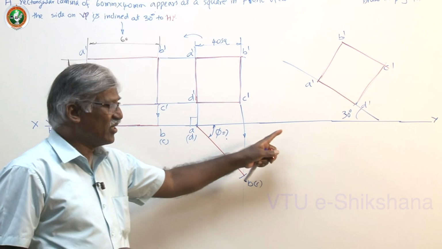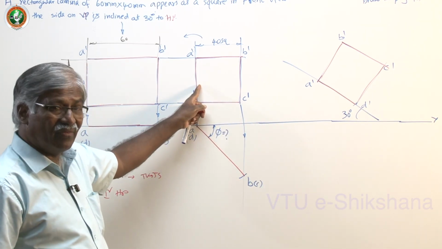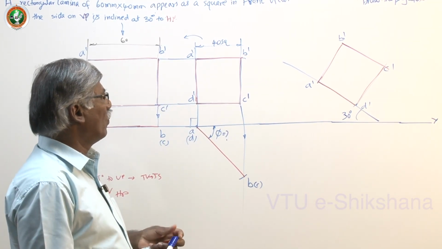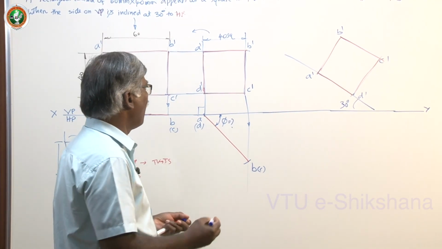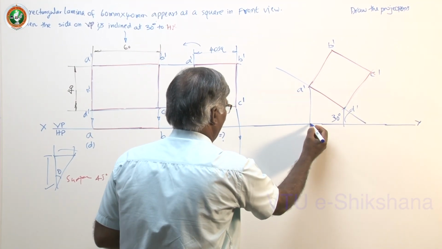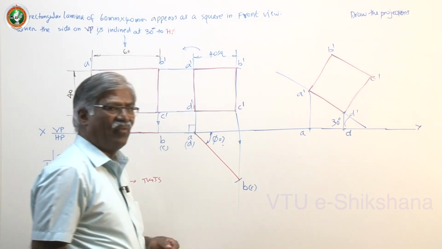Even after giving inclination to VP and HP with respect to the edge on VP, it is still a square. Now you have to get the final top view. How to get the final top view? It's a very easy job. Draw A and D on the XY line, because AD, the short edge, is on VP.